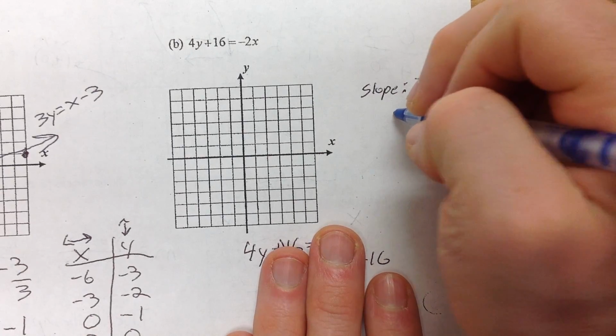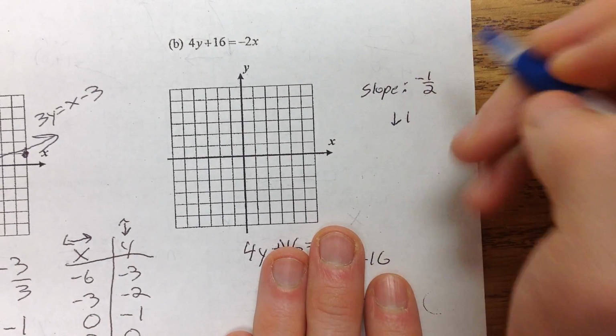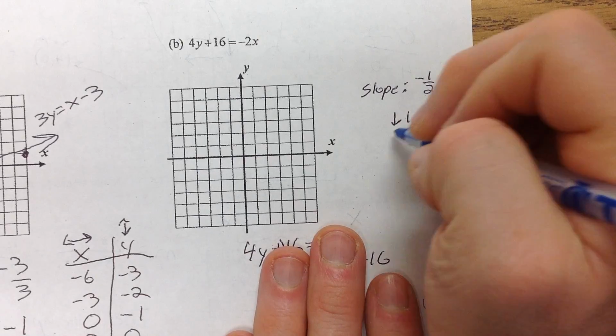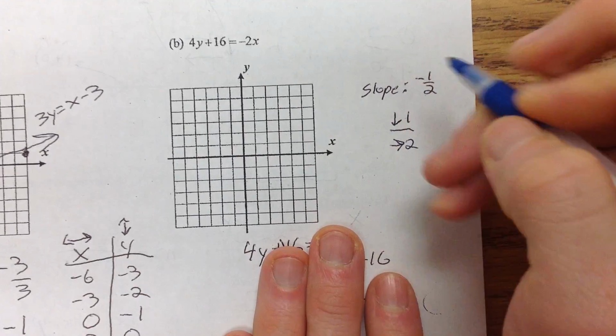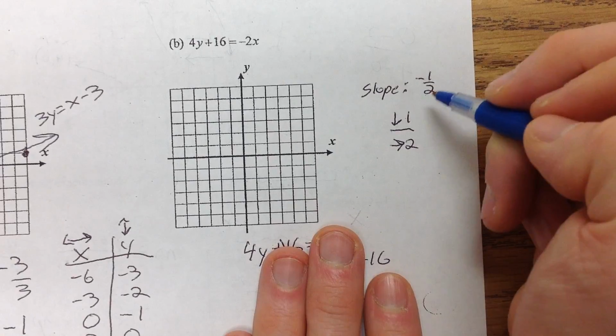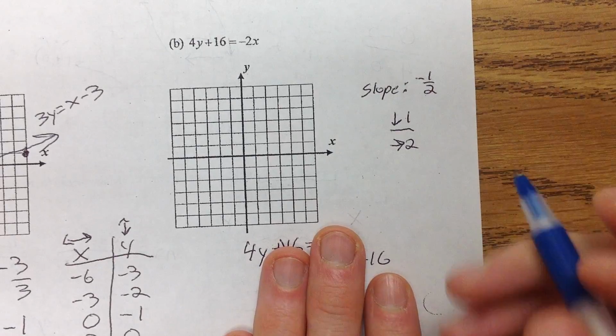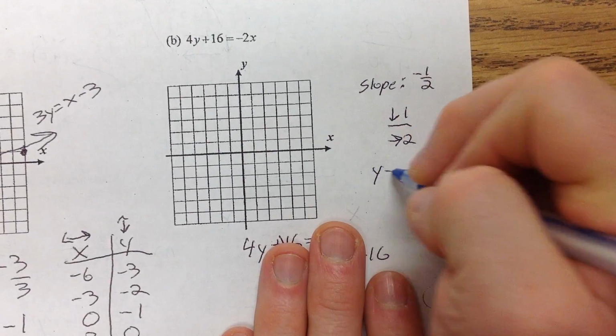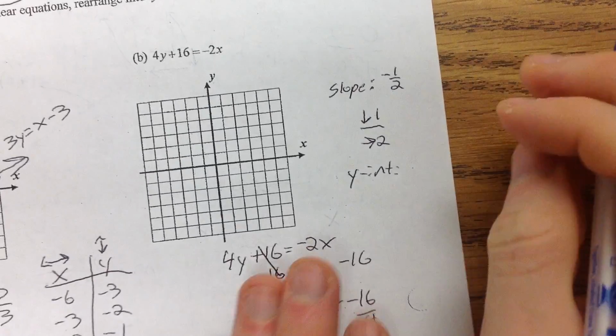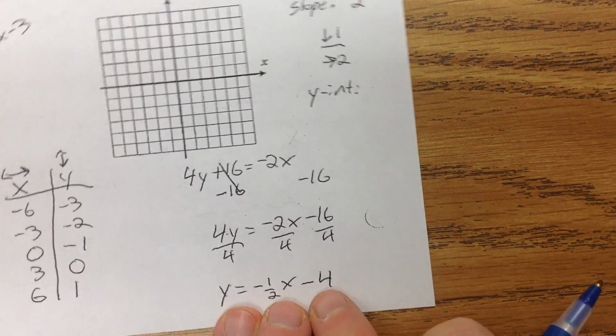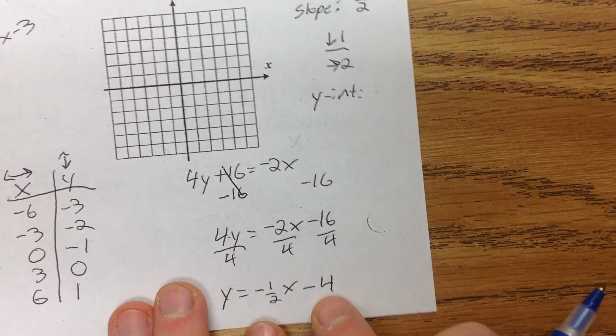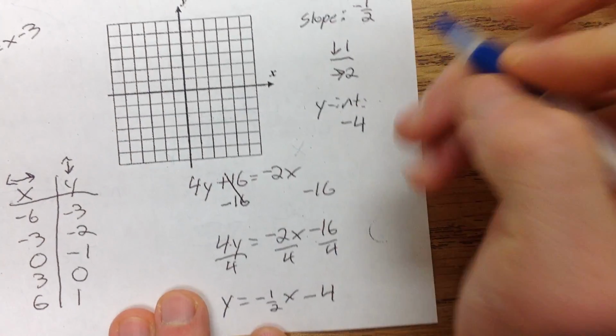So that means we're going to go down 1, because it's always rise over run, and to the right 2. We're going down 1 because it's a -1. We're going to the right because it's a +2. And then our y-intercept, which is where we start our line, is going to be starting down here at -4, because that's the number not next to the x.